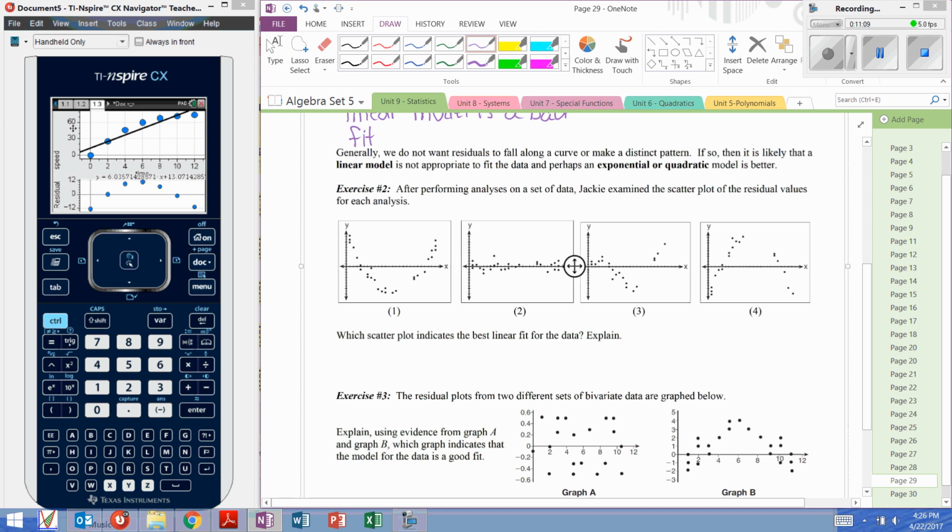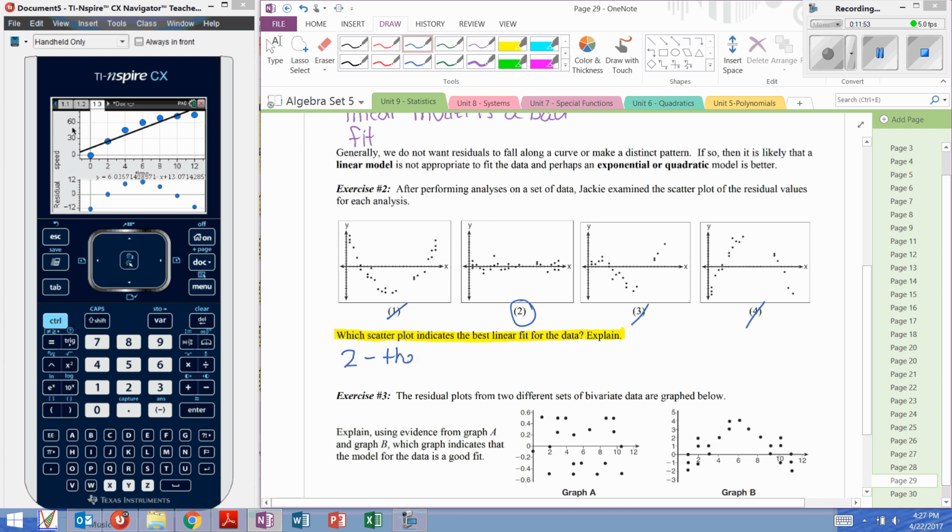Okay, so exercise 2 says, after performing analyses on a set of data, Jackie examined the scatter plot of the residual values. And we are trying to find, so which scatter plot indicates the best linear fit for the data. We are looking for no pattern at all. So 1, there's definitely a pattern. 2, I'm thinking that's my right answer, but let's just double check. 3, there's a pattern. 4, there's also some type of a pattern. 3 and 4, we could probably draw some type of a V or a U. So 2 is the best linear fit.